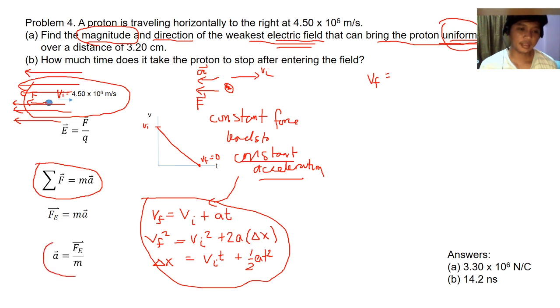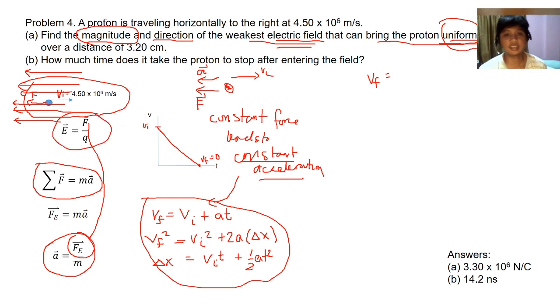Because we know that acceleration is related to the force by a equals F over m. And we know that the force is related to the electric field by this equation for test charges. And this proton is considered a test charge because it's the one exposed to the electric field. So I hope you get the idea that in order to get the answer to letter A, which is the electric field, we first need to get the force. But in order to get the force, we first need to get the acceleration.